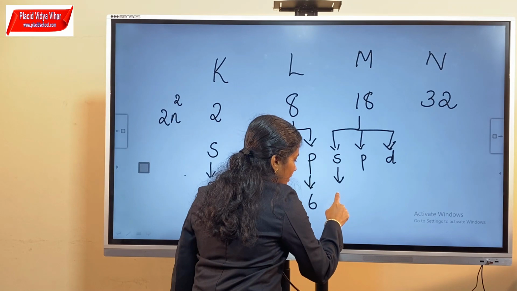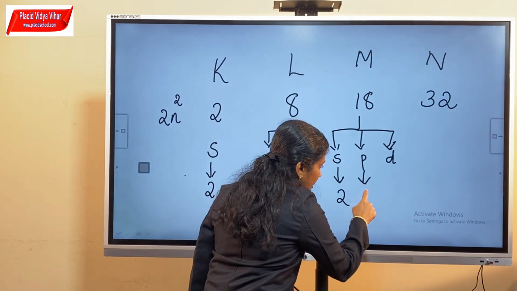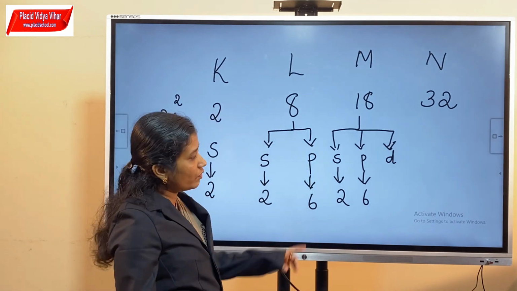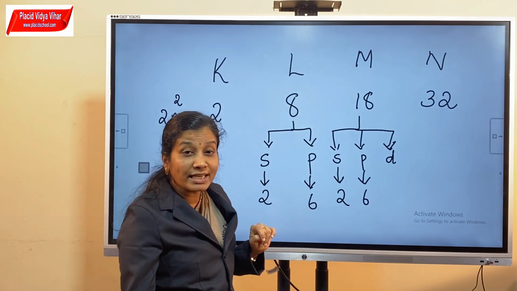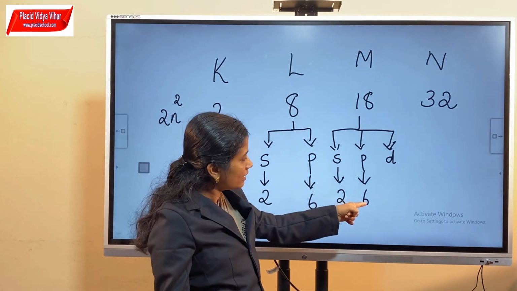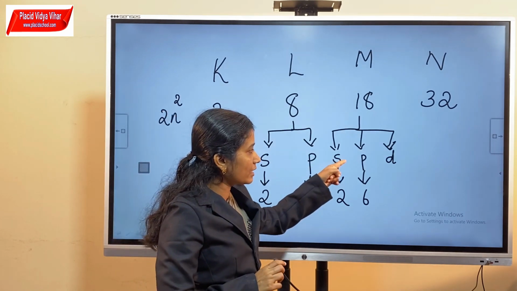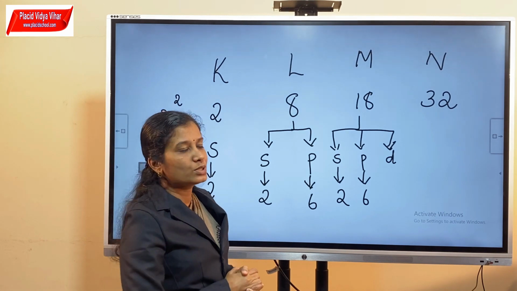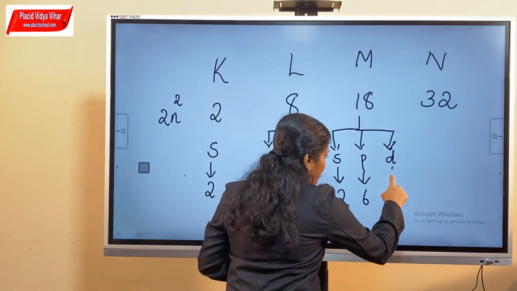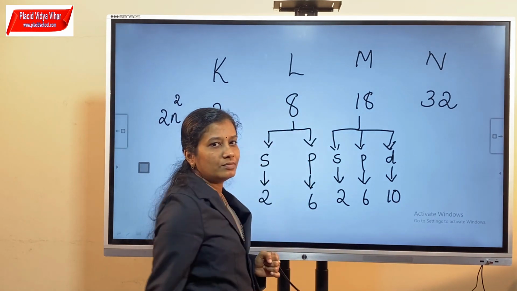So we just write that. Then what is the maximum capacity of the M shell? It is 18. So from that, 6 plus 2, 8 electrons are accommodated in S and P subshells. Remaining how many? Yes, 10 electrons. So that means the maximum capacity of the D subshell is 10.